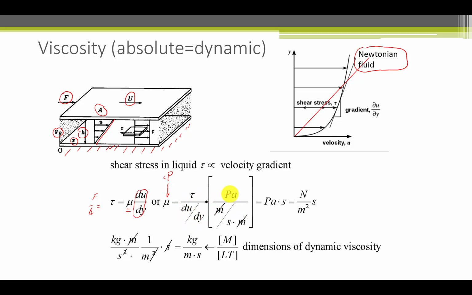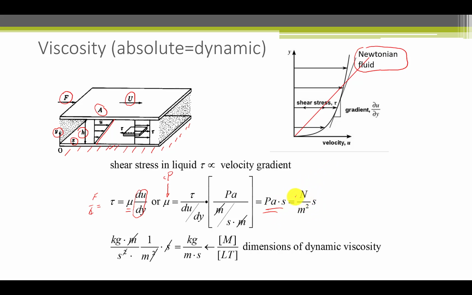Well, this is pascals, so shear stress will be in pascals. du is the velocity rate of change, that's meters per second, and then dy is meters. After unit cancellations, we end up with Pascal seconds. That's the fundamental SI unit for dynamic viscosity in the SI system.